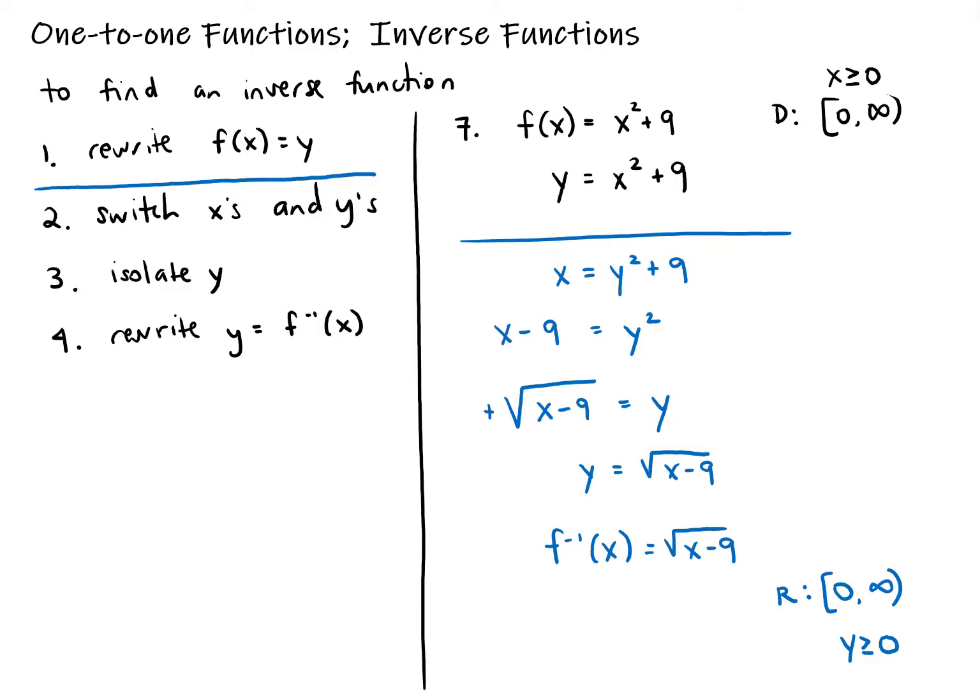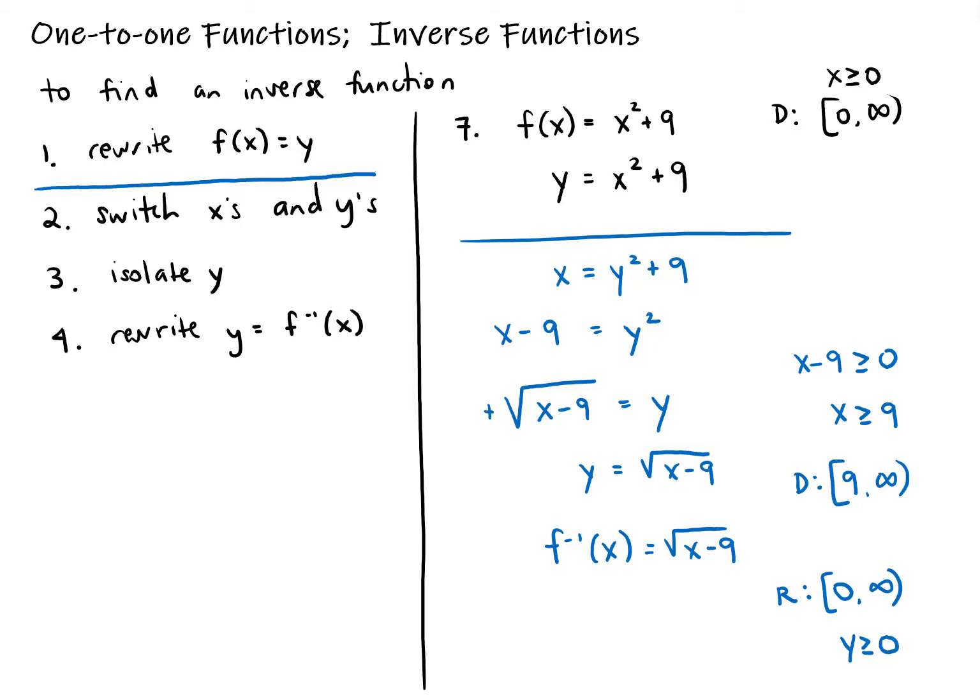To find the domain of f inverse, we know that the rule for this is that radicals must be positive or 0 inside the radical. So I know that the x minus 9 must be greater than or equal to 0. That means x has to be greater than or equal to 9. So my domain is going to be from 9 to infinity.